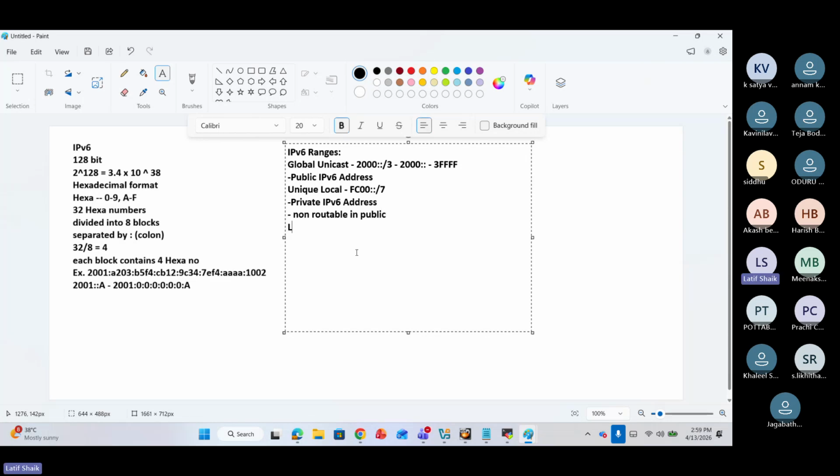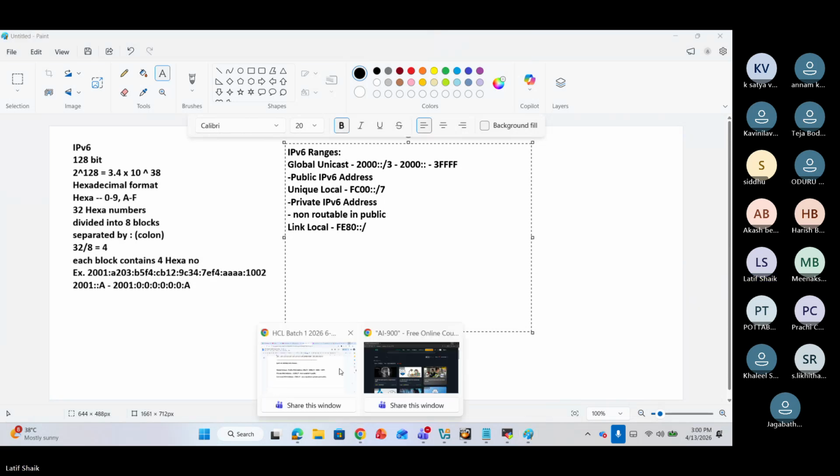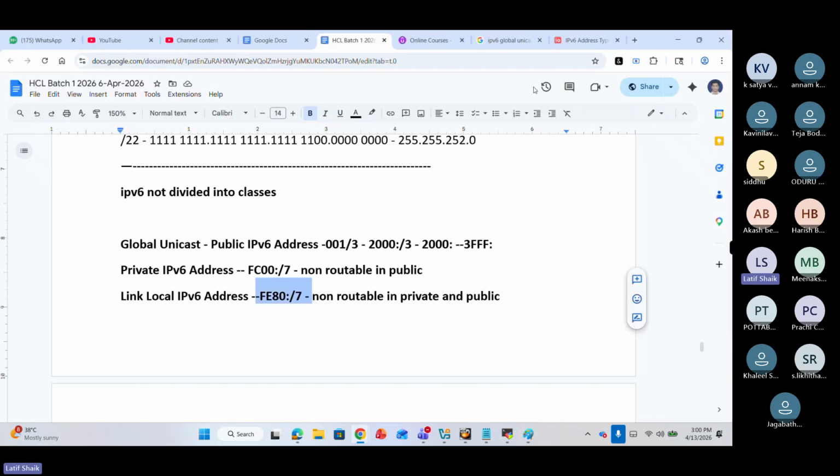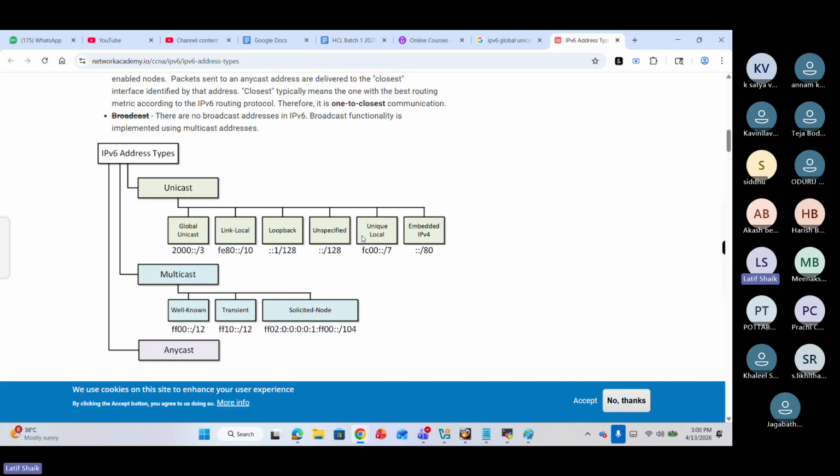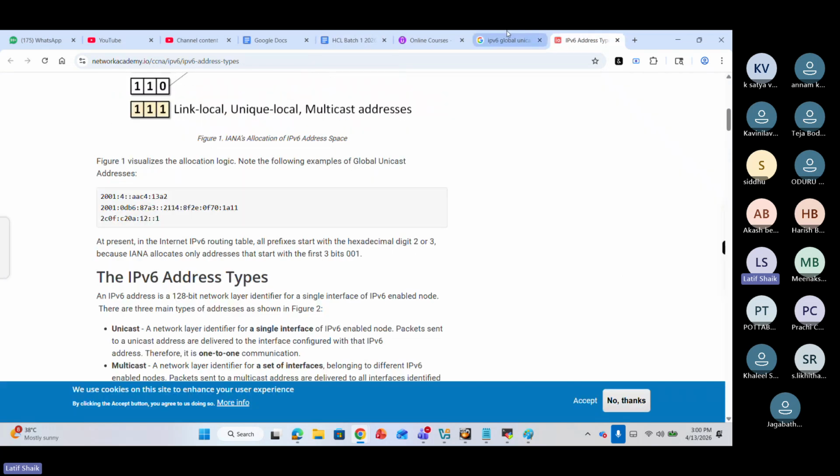And my favorite, link local. FE80. This is the most recognizable one. Link local is non-routable in private and non-routable in public also.